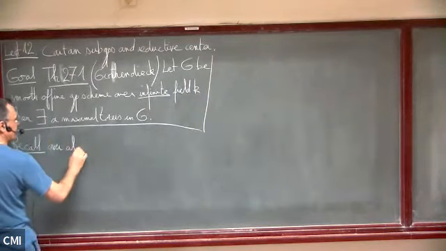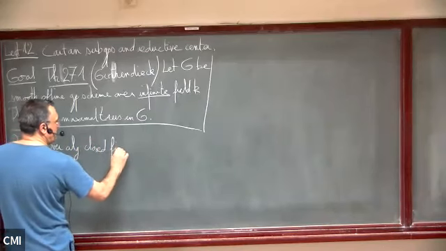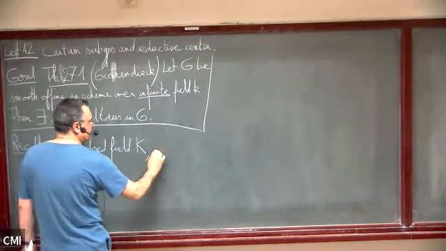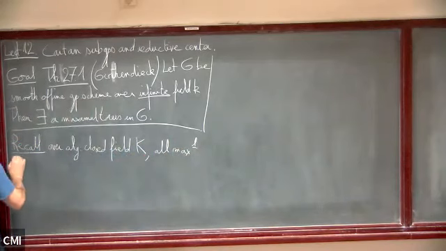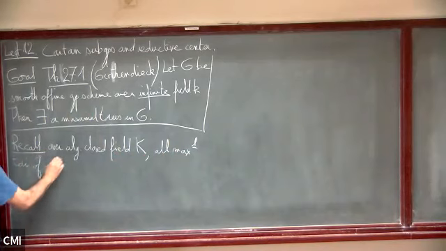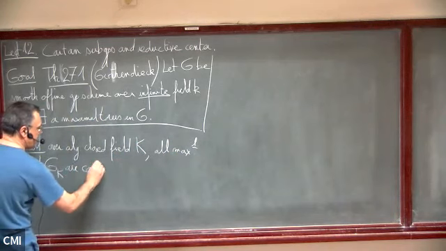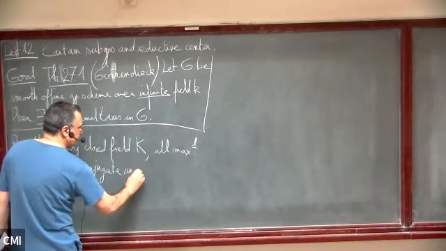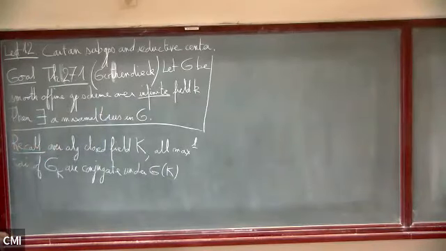Over an algebraically closed field K, all maximal tori of G_K are conjugate under the group of K-points.